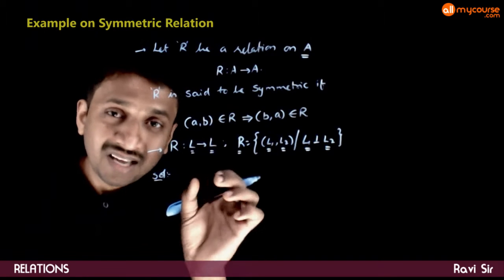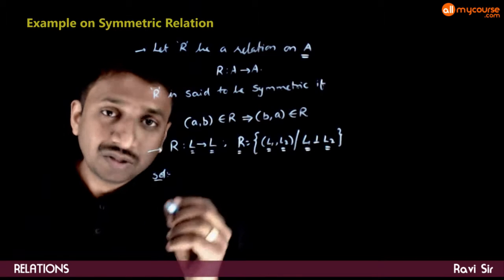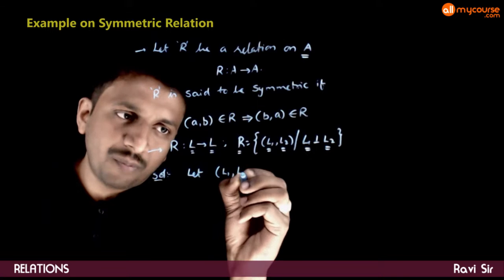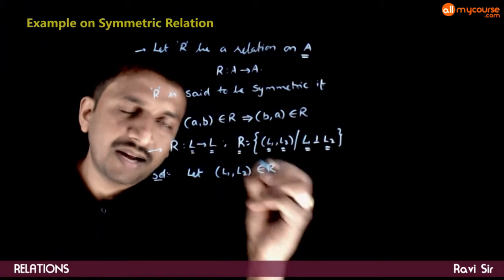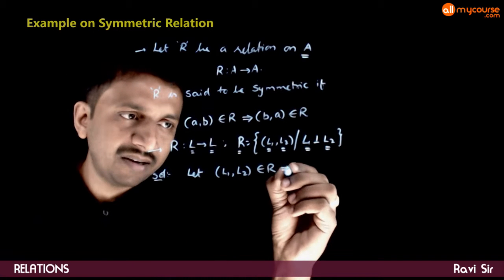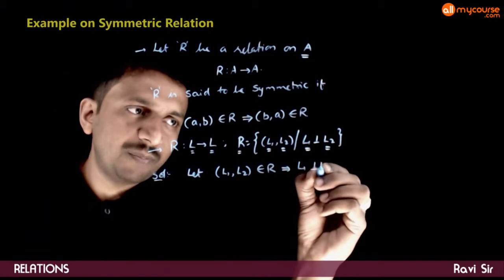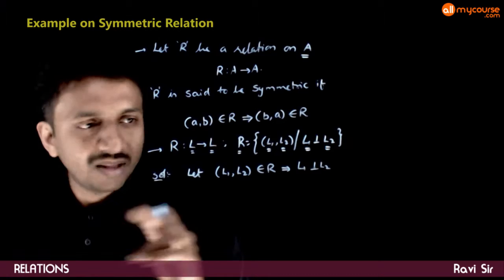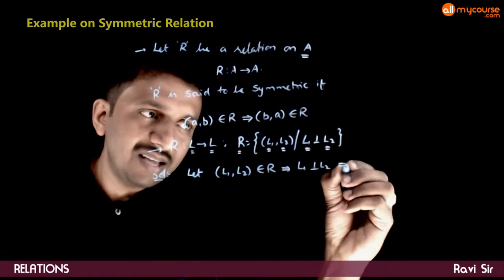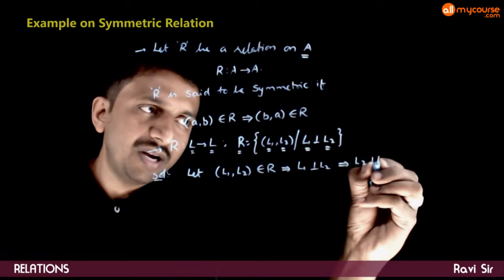Now, how do I write it mathematically? Let an element of the form (L1, L2) belong to R. If (L1, L2) belongs to R, L1 has to be perpendicular to L2, and this implies L2 is perpendicular to L1.